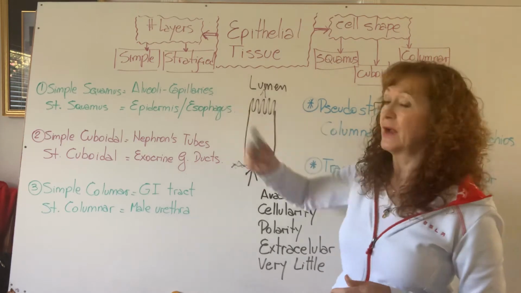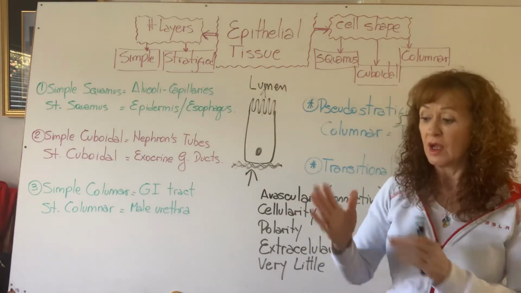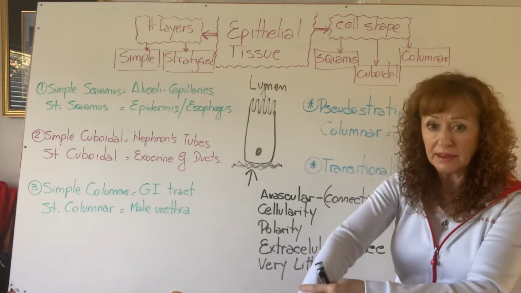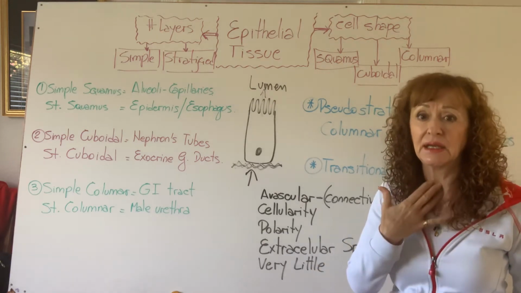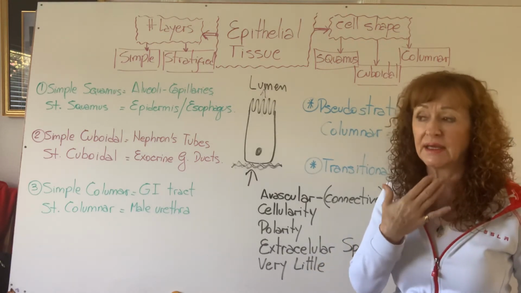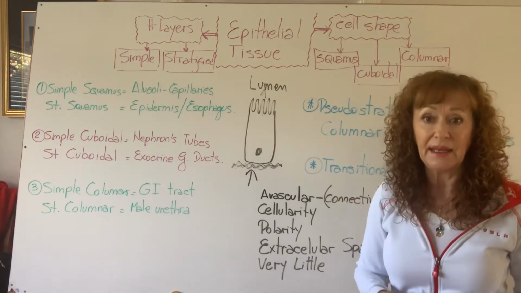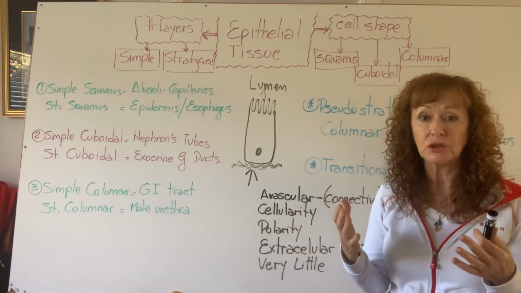A stratified one is always in a location where it is exposed to abrasion. For example, our palms, our soles, our entire epidermis, the vagina, the esophagus, the anal canal. In any of these areas, that tissue is exposed.